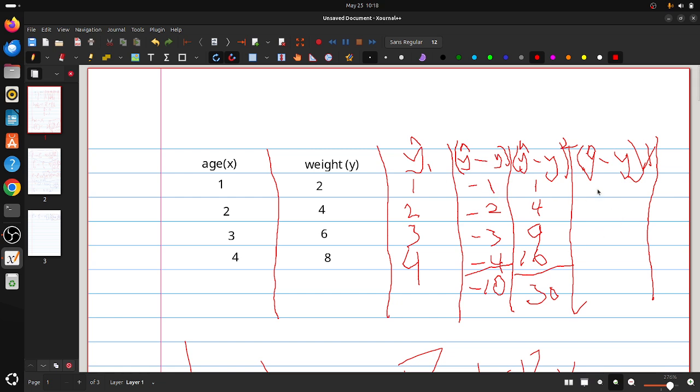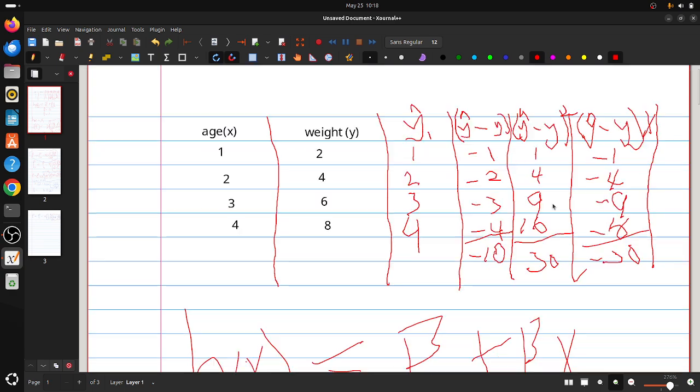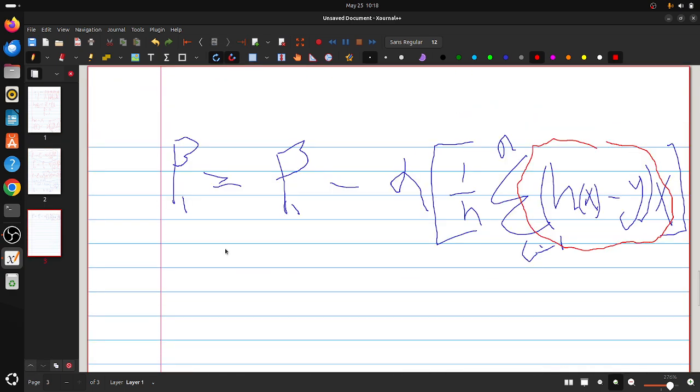So this will remain negative 1. This will be negative 4. This will be negative 9, and this will be negative 16, and this will give us the summation. It will give us negative 30.